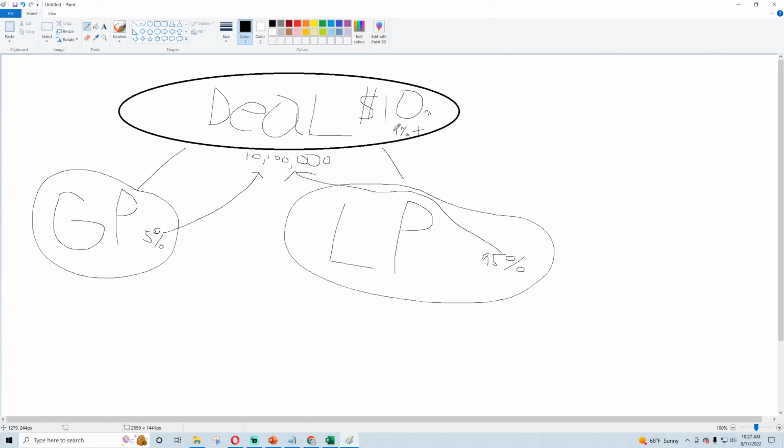So of this 1%, it goes here. Now, if it's 5% of the 100,000, 5,000 is paid by the GP to the pool, 95% paid by the LP. So 5,000 and 95,000 goes into a pool, and then this goes back to the GP.